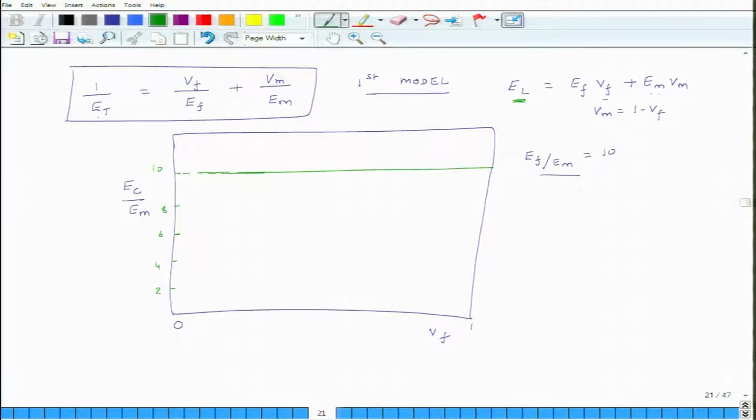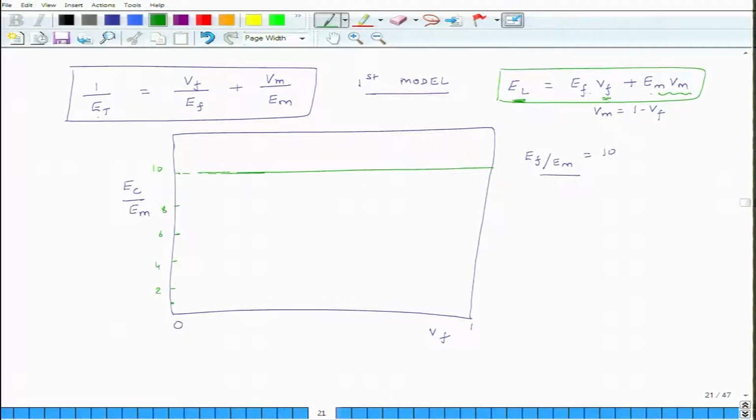So, this curve for E_L will start from here, and as volume fraction keeps on increasing, this is a linear relation, right. As volume fraction of fiber keeps on increasing, this number will keep on increasing as a straight line. And what is the maximum possible value of E_L? When volume fraction of fiber is 1, this term will be 0, and V_f is 1.